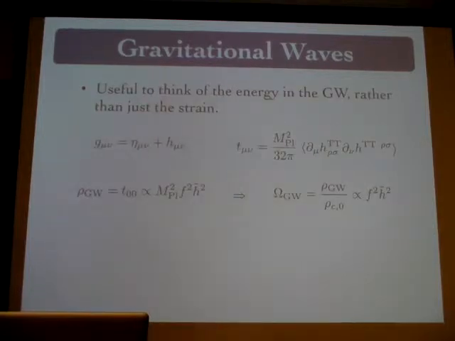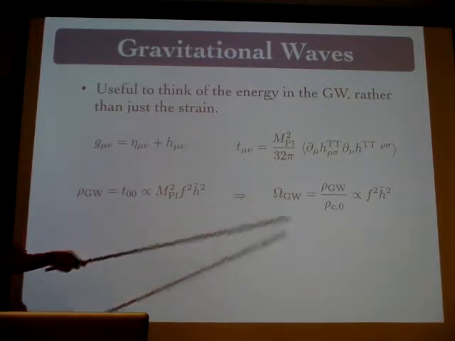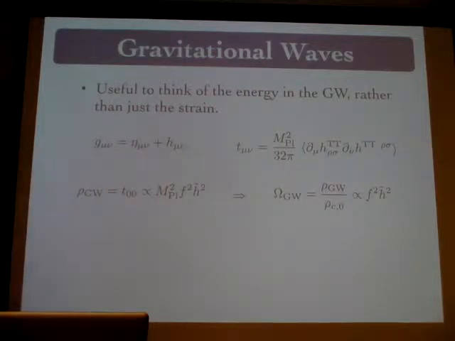So it's useful to think about the energy in gravitational waves as well as their strain. For instance, in the weak field limit of GR, it is possible to build an object, this t_{μν}, which we can write in this way, which would basically correspond to the stress energy tensor in gravitational radiation.